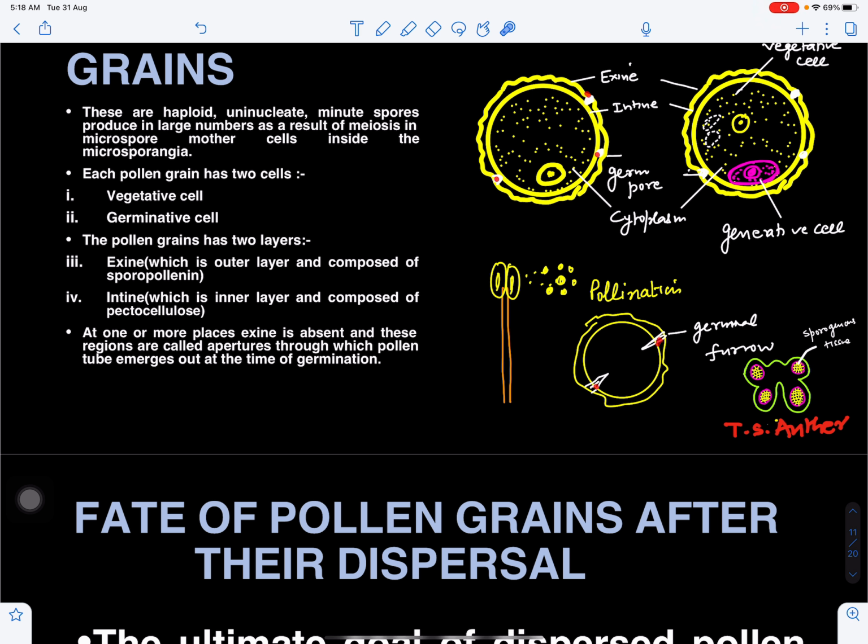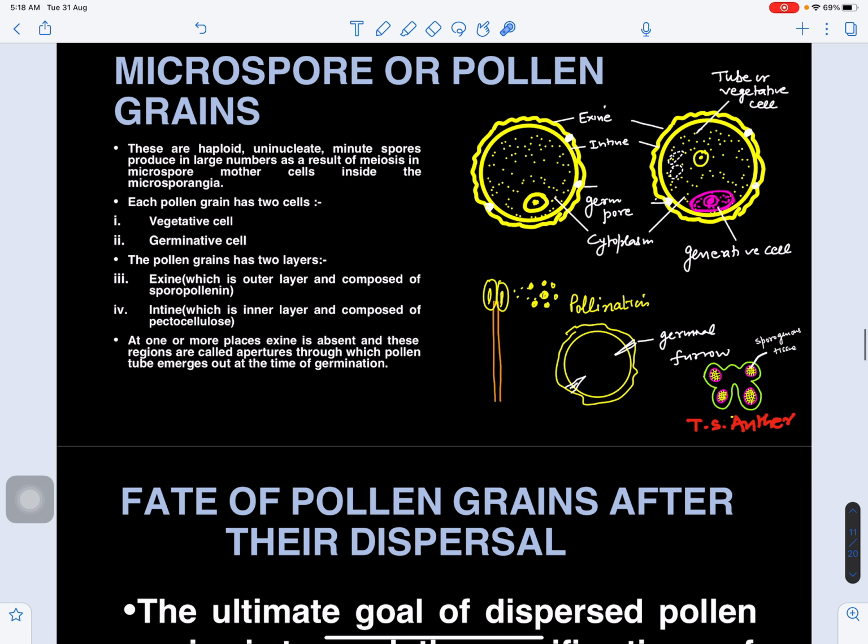Here there are 2. Sometimes it may be only 1. So the number of thin areas or germ pores varies from pollen grain to pollen grain, from family to family, and that is also called the NPC system, the number, position and character of the apertures or thin areas present in the pollen grain.